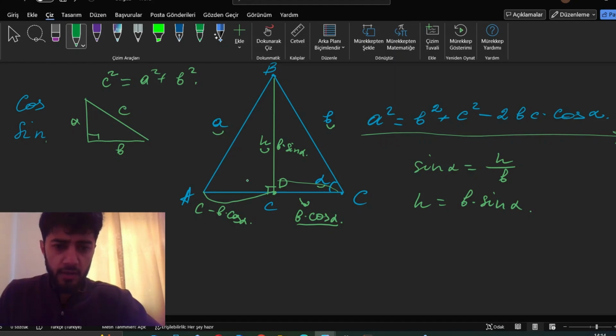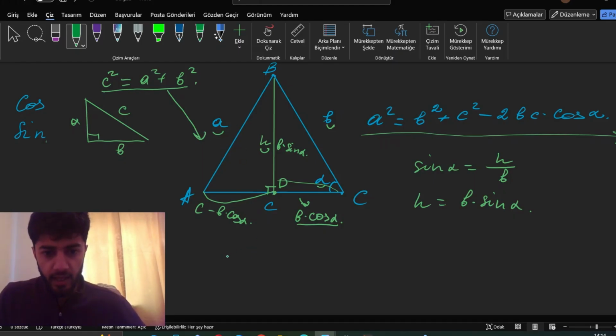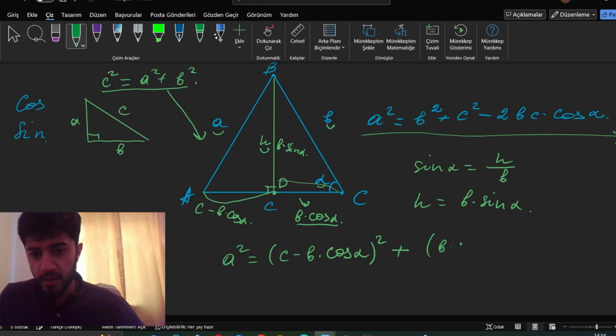So using this formula, now we can find A here. A squared is equal to the square of C minus B times cosine alpha, plus the square of B times sine alpha, right?